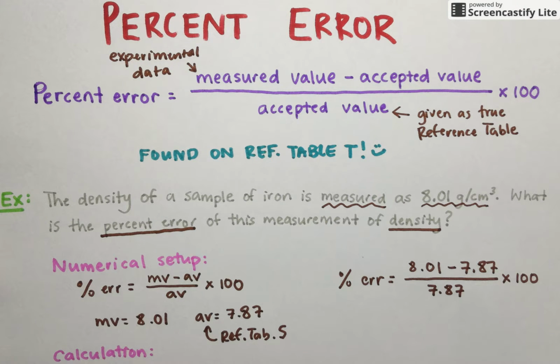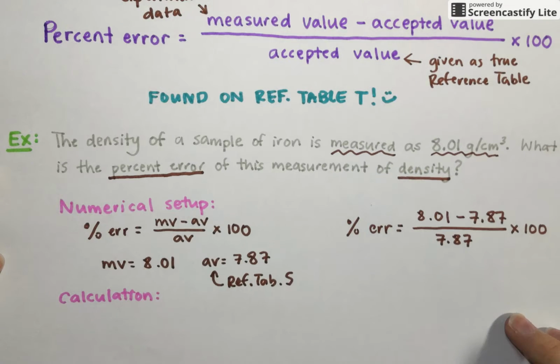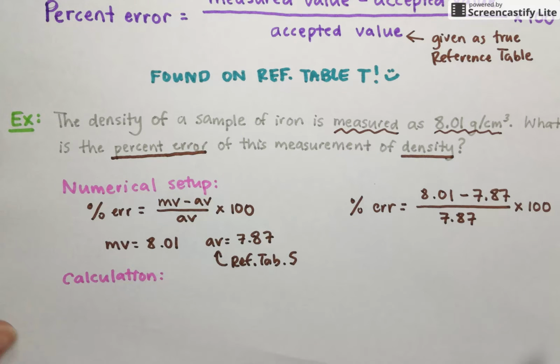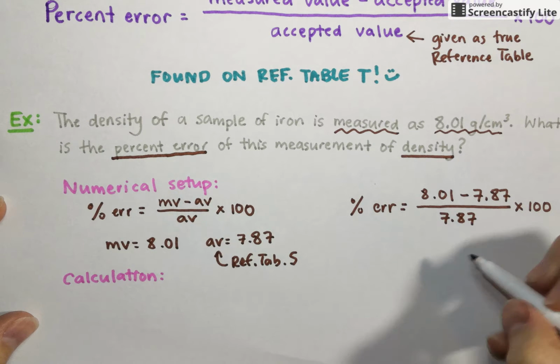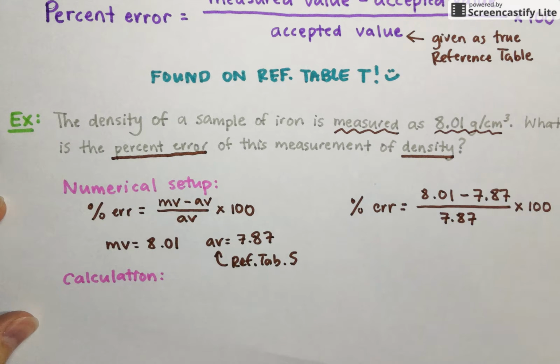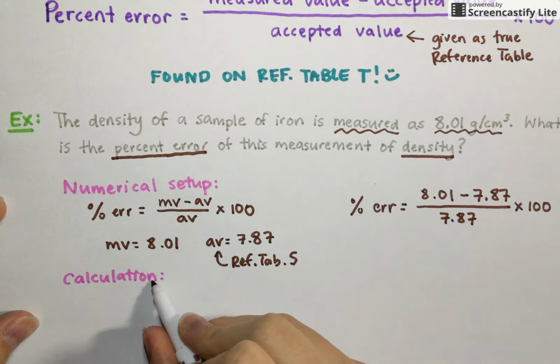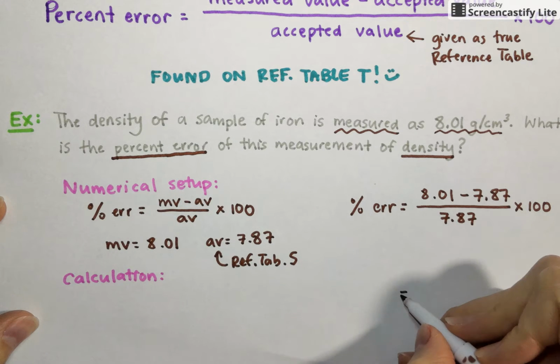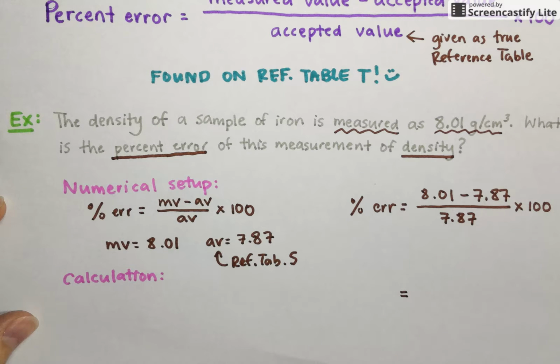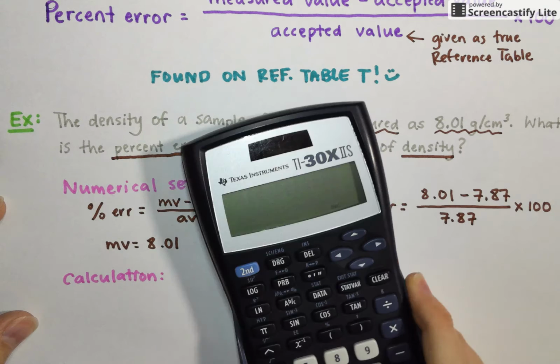So don't forget this ending piece. You may actually be asked to solve this whole equation, and that's not a big deal because you've got your calculators with you and you've got your ideas of order of operations. All we need to do is get this into an actual number. So if I'm actually going through and working the calculation, I'm going to do this one step at a time. You can, of course, use parentheses in your calculator.